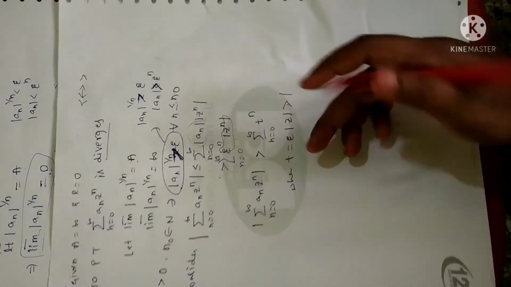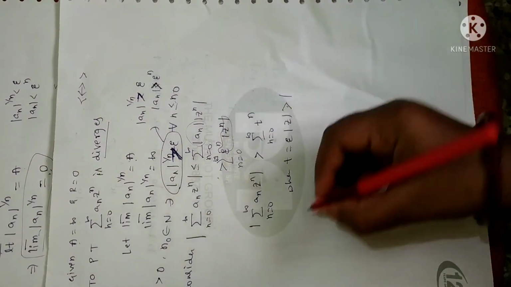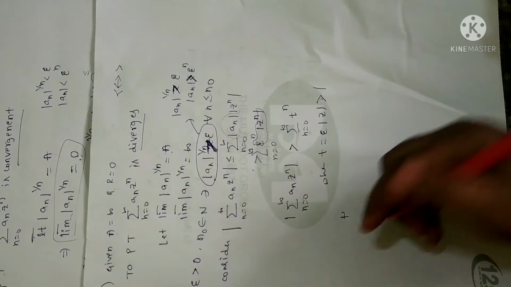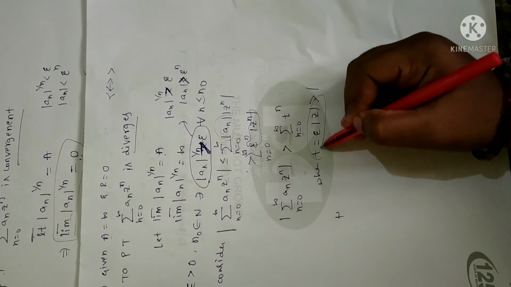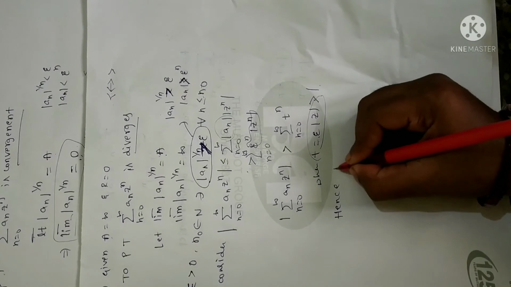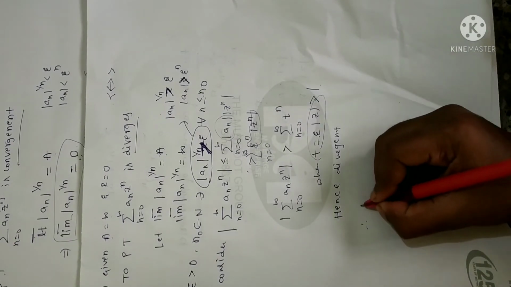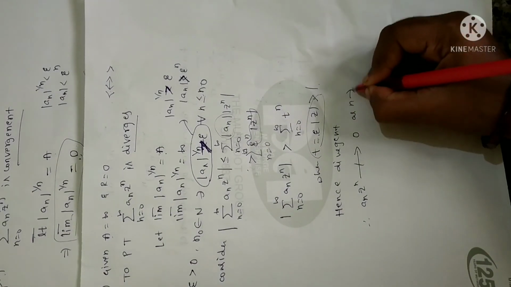That's all. So since the common ratio is greater than 1, hence you have to write the statement. Anyhow, I'll send you the notes, and I'm just not writing all those statements here. Since this geometric series is with the common ratio greater than 1, therefore it is divergent. That is, a_n z power of n will not be converging to 0 as n tends to infinity.